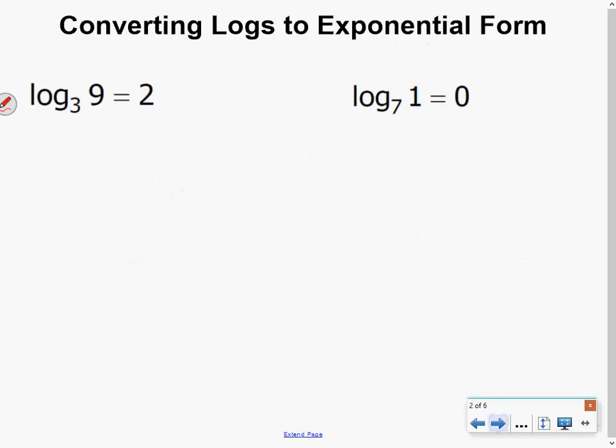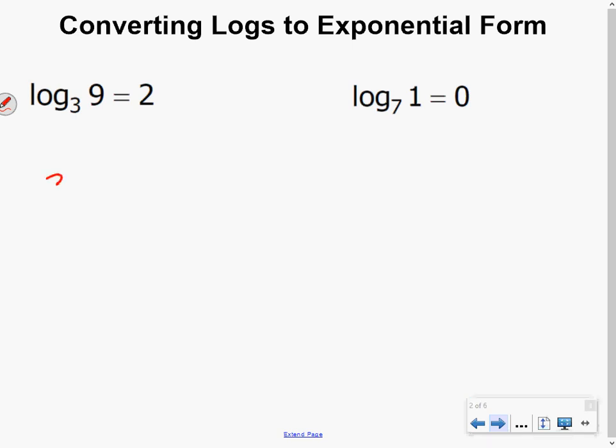So what we do a lot of the time is we convert logs to exponential form and we convert exponentials to logs. So we need to be able to go back and forth. That's going to help us down the road when we run into some trickier types of exponential equations. If I have log base 3 of 9 equal to 2, remember logs are really just asking what power do I need to raise 3 to equal 9?